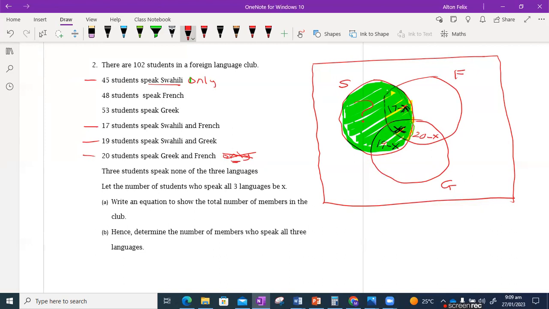But let's go through the work, and I think it's useful. So if we need to figure out what is Swahili only, we'll take the 45 and subtract the sum of the three other regions.